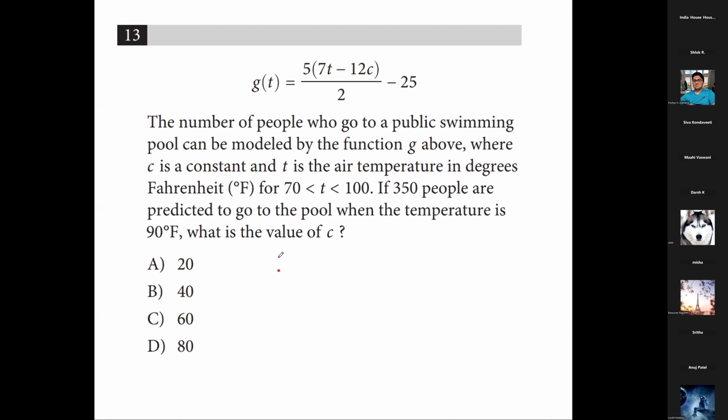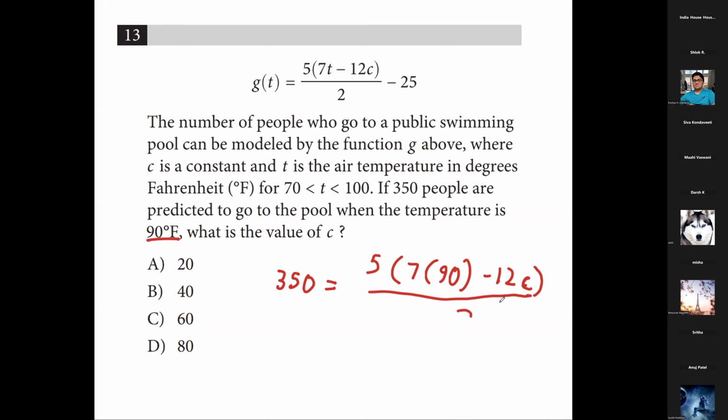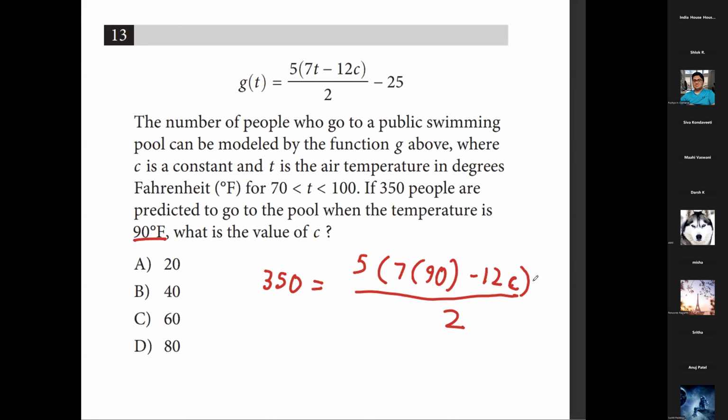So 350 equals 5 times 7, and then we're given the temperature is 90 degrees Fahrenheit, so 7 times 90 minus 12C, where C is some constant that we don't know and we need to find, over 2 minus 25. Now we just kind of need to solve.